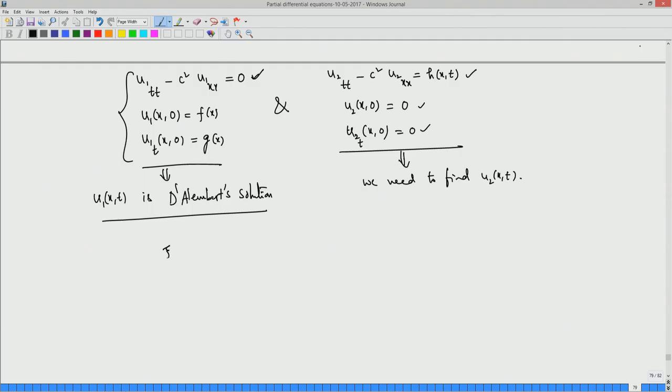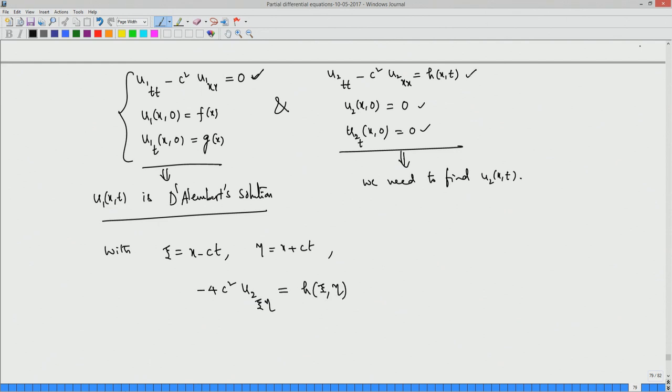So, with this new xi equal to x minus ct, eta equal to x plus ct, we can see that u2 xi eta, the mixed derivative, minus 4c square equal to h of xi eta.